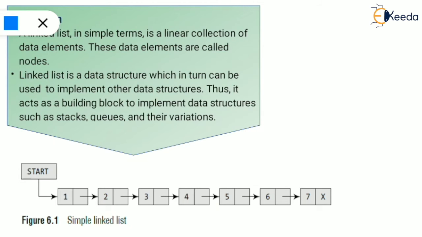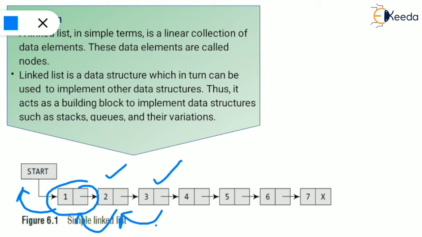Now here, this is the first node. The address of this first node is in start. The address of the second node is in the first node. The address of the third node is in the second node.